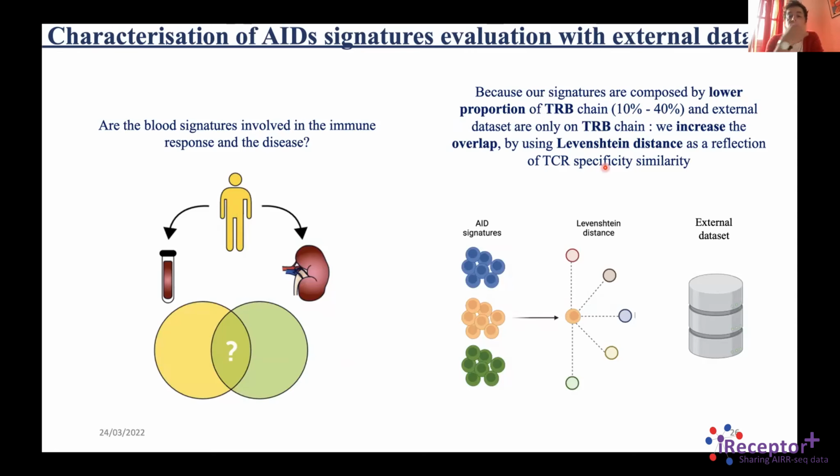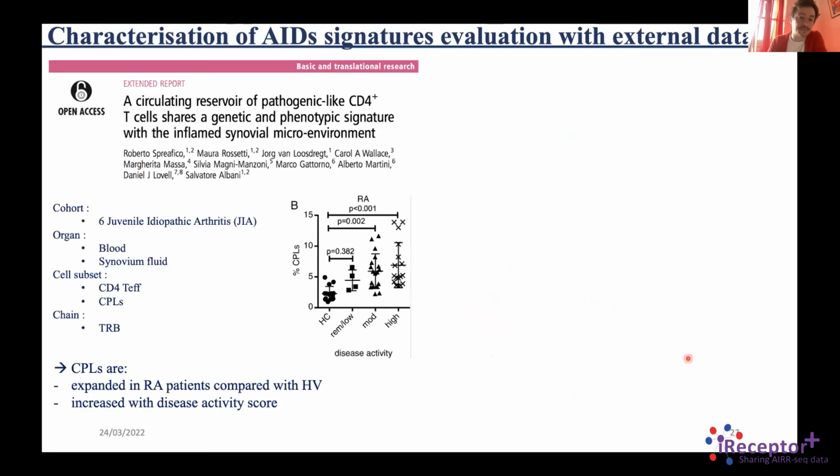We need to increase the overlap to increase the information. We use the Levenshtein distance as a reflection of the TCR similarity. So for each of the signatures, we apply the Levenshtein distance and also the perfect match between the CDR3 with the external dataset, and we will observe the sharing in the dataset of our signature.